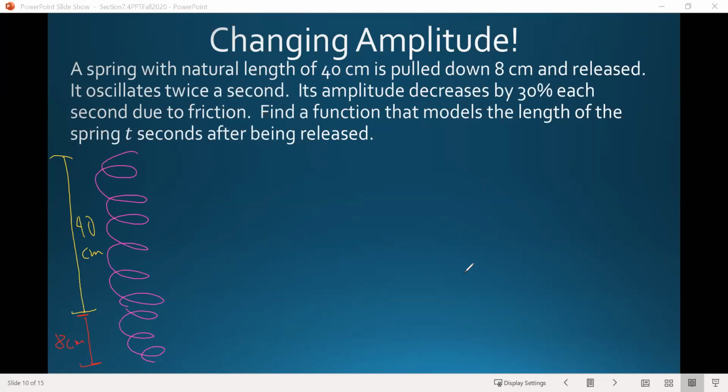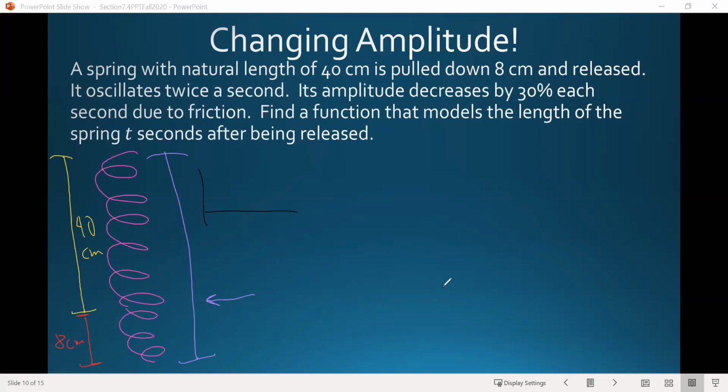Now, notice in this case that the spring is starting elongated. It's been stretched out, so it's not starting at its natural length, which tells us it's not starting at the midline, because on that video, the midline is when it was at its natural length. So it'll be longer than normal, which you can imagine if we were graphing this.